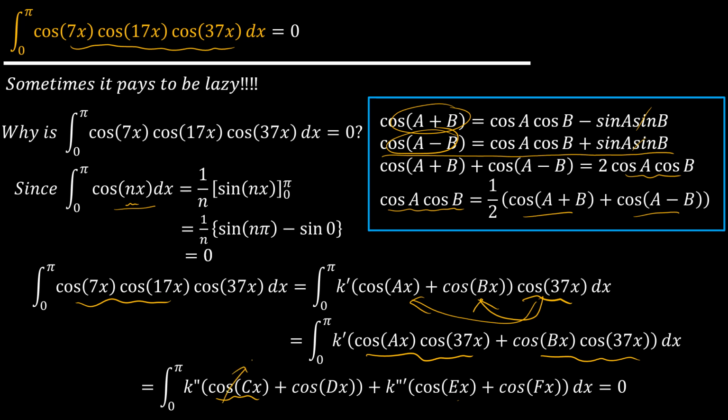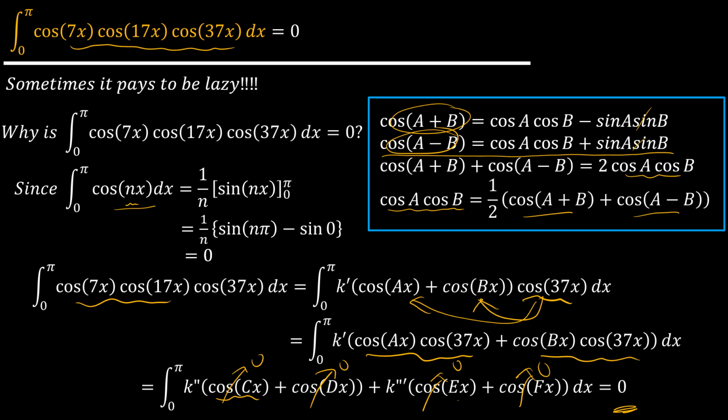So this would be 0, this would be 0, this would be 0, this would be 0, yielding 0. So that is the quick process that would work out in my mind to find that this is actually 0.